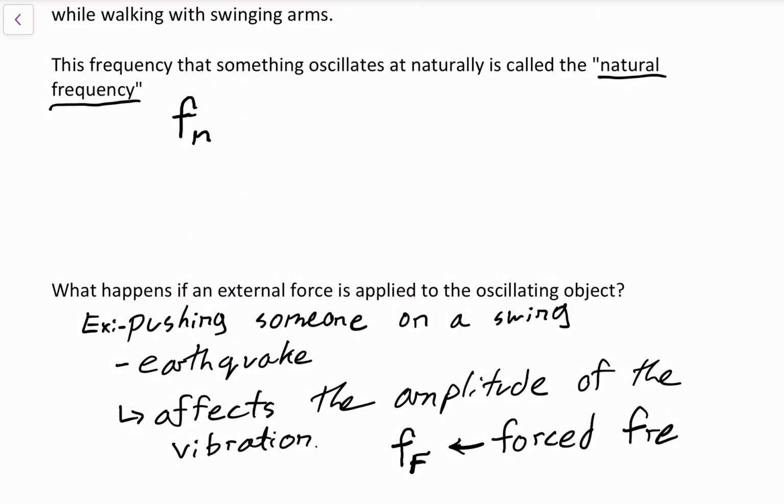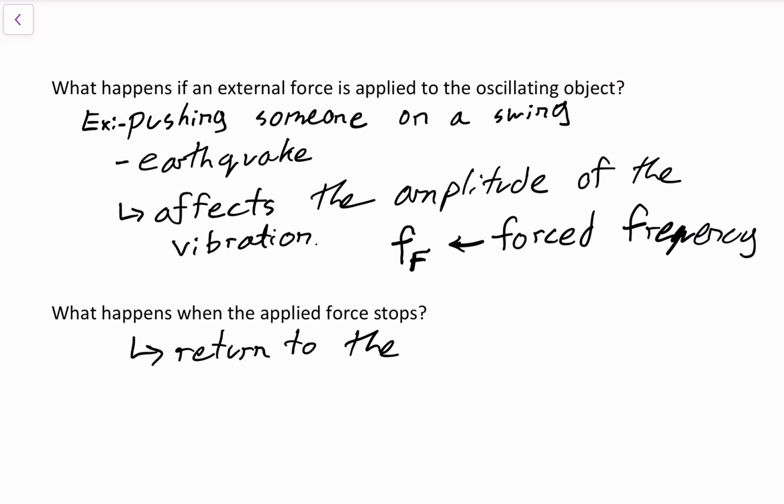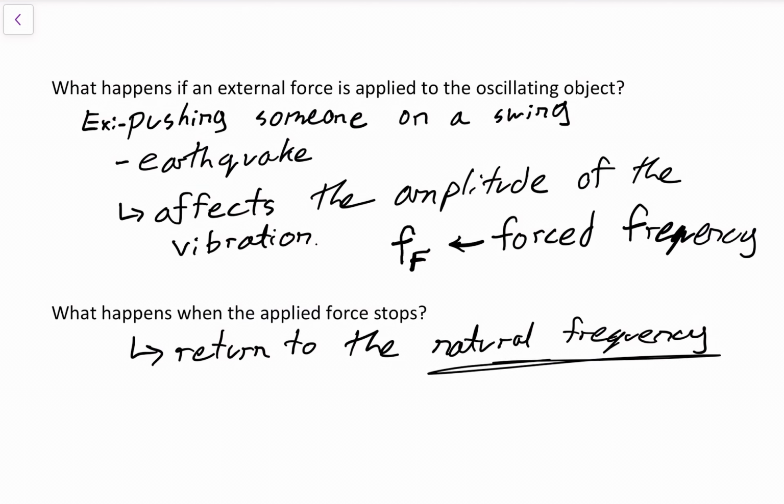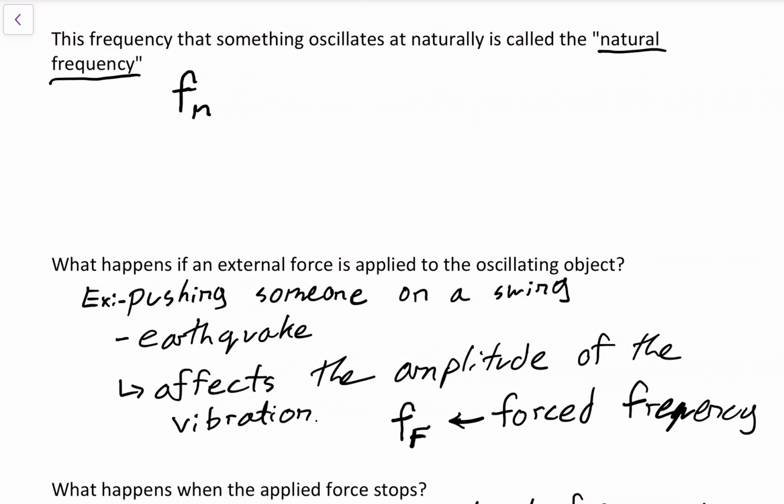So this is how often you are pushing on something. And then, of course, as soon as this applied force stops, we return to the natural frequency. So if you stop pushing someone on the swing, they're just going to continue to swing at that natural frequency again. So a couple of pieces of vocabulary to keep in mind here are natural frequency and forced frequency.